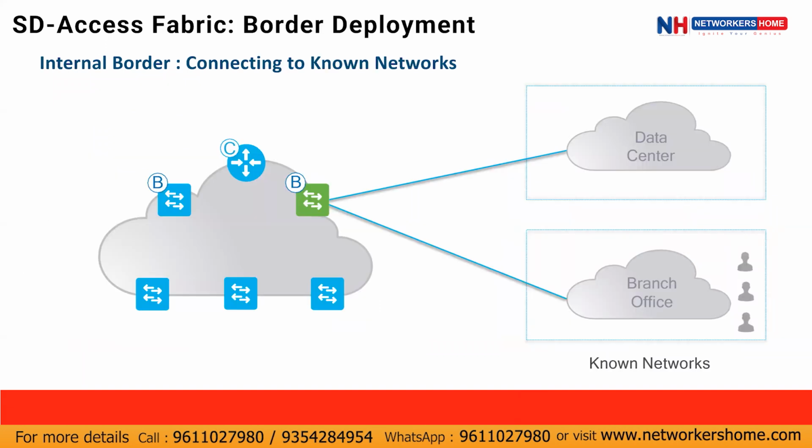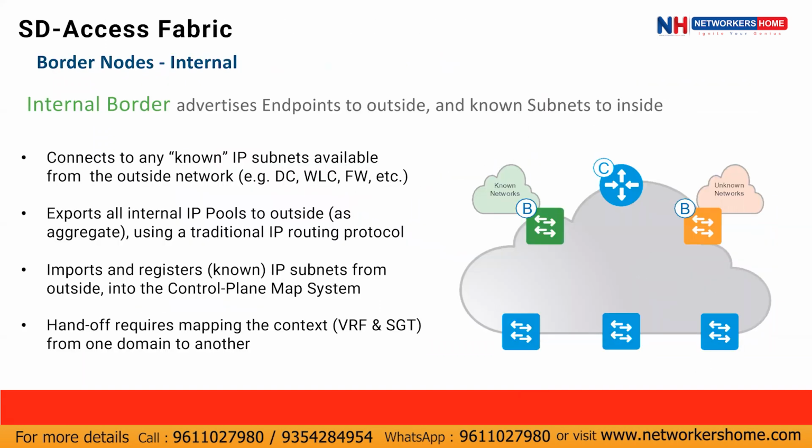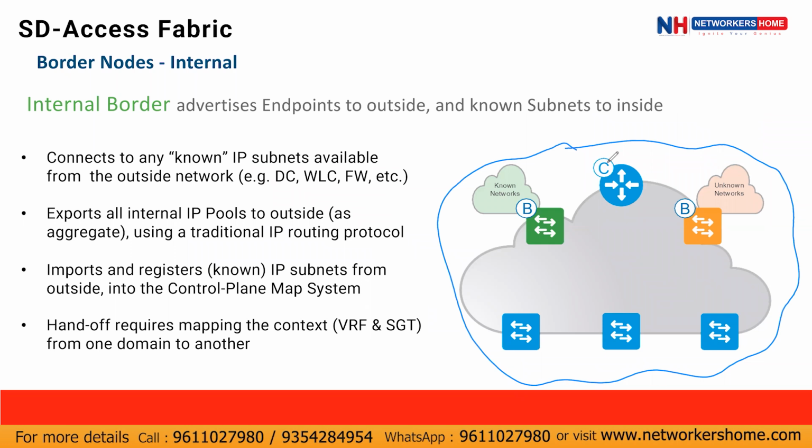How do you classify known networks? I mean, a known network for one branch might be unknown for the other branch, right? How do you classify that? For one branch, we have a dedicated set of border nodes, control plane node and edge node. The other branch will have their own set of devices already defined. So we don't need that specific branch to interfere with this, considering the known or unknown networks.